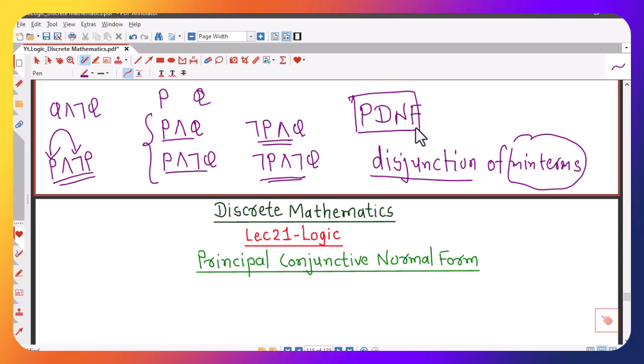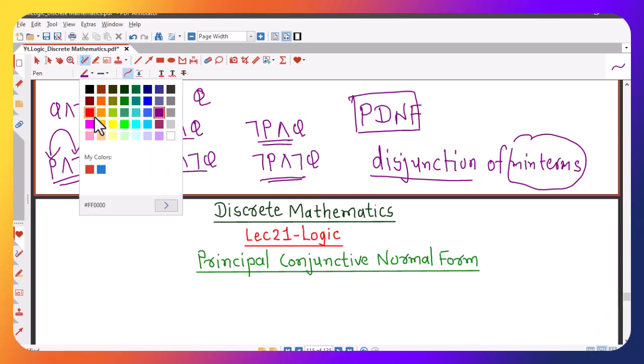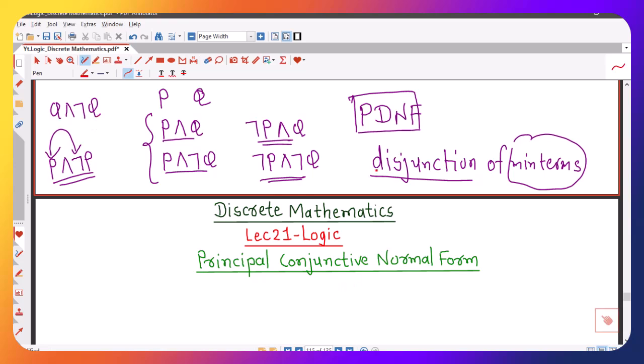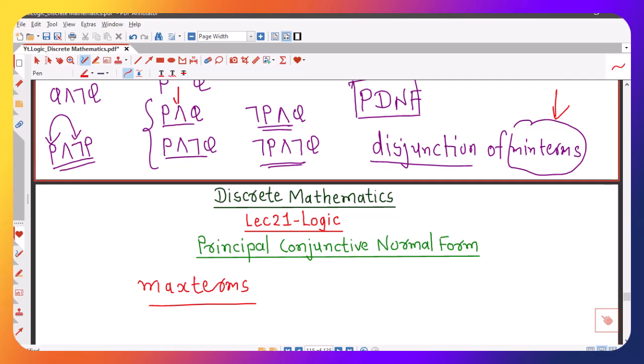Now the idea of principal conjunctive normal form is similar to this. Instead of min terms, we are going to define max terms, and these max terms are nothing but duals of all these min terms. For min terms, we consider variables and their negations, and we do not allow a variable with its negation.